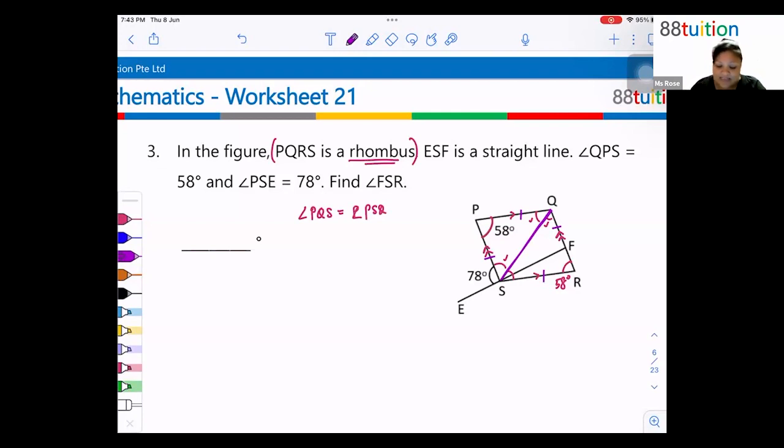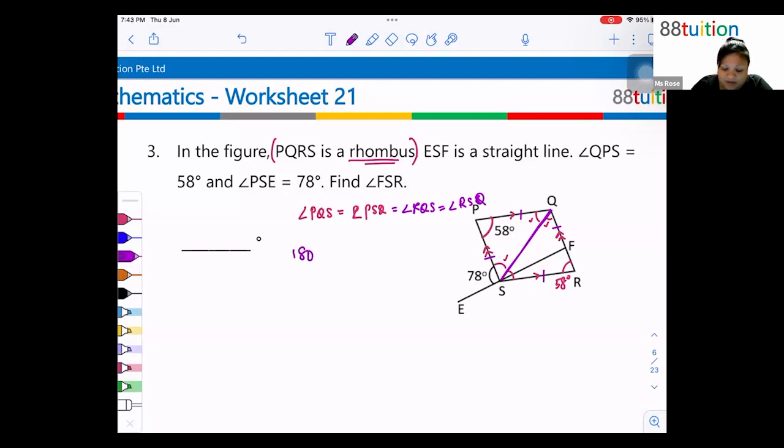So in this case, angle PQS is equal to angle PSQ, which is also equal to angle RQS, and also equal to angle RSQ. So you have all these angles which are equal to one another.